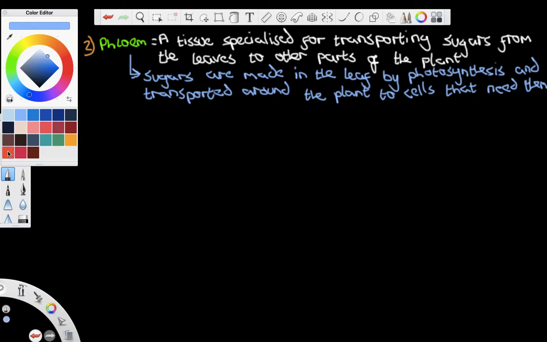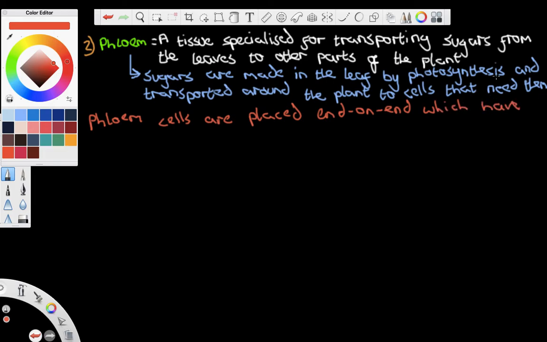So we can say that phloem cells are placed end on end, which have holes in them like a sieve.